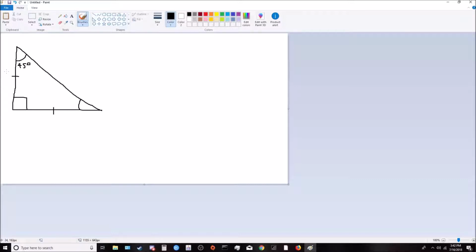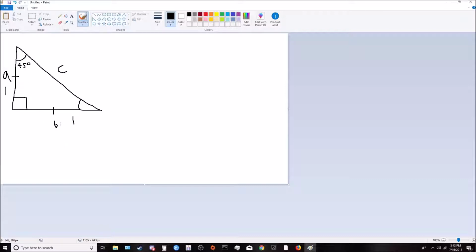I'm going to label these sides: this is A, this is B, and the hypotenuse is C. Since these sides are equal to one another, A and B exist in a 1-to-1 ratio.